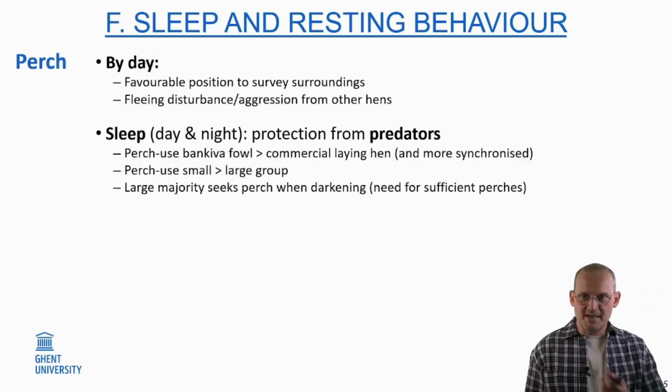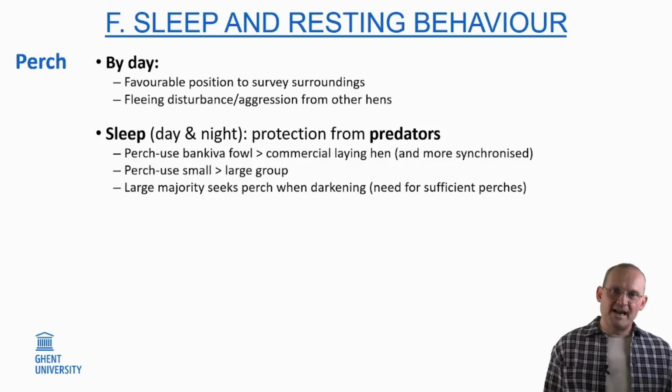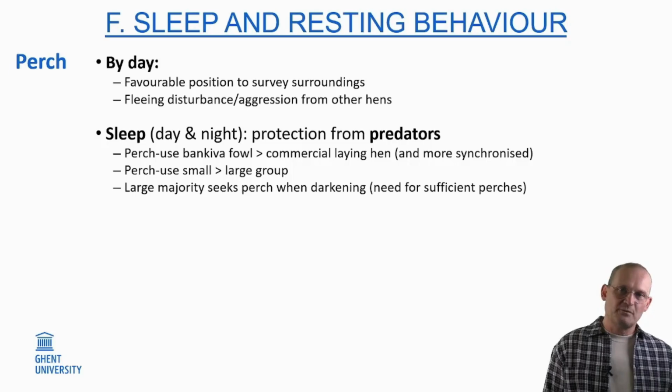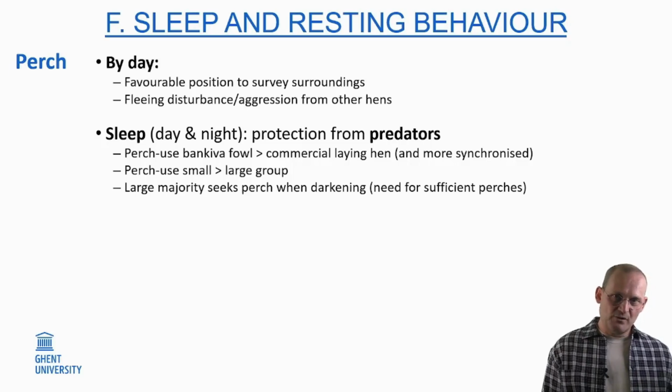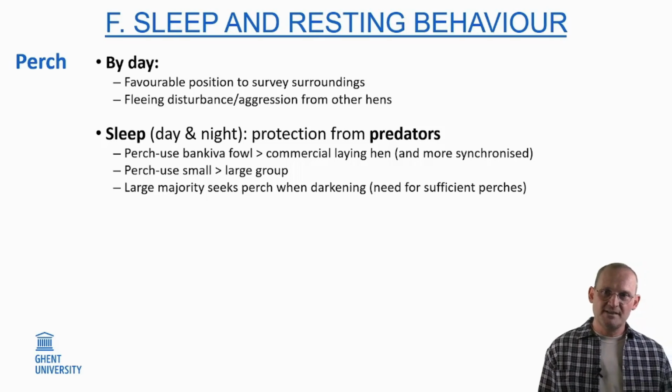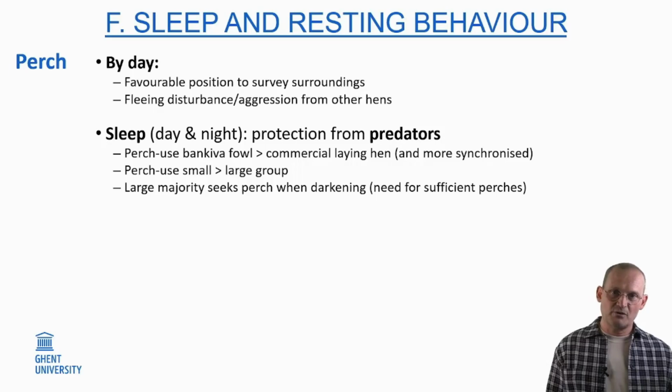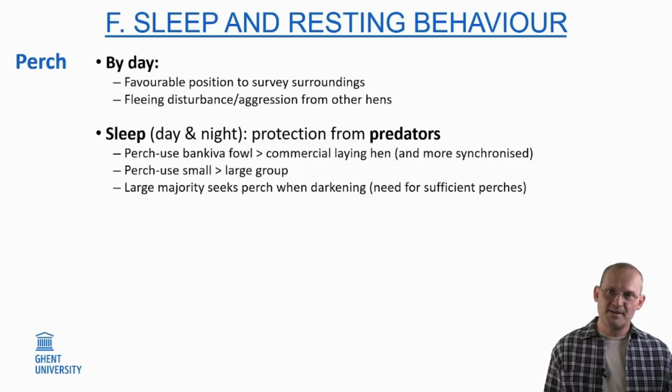So during daytime they perch, and that often gives them a favorable position to survey their surroundings, and that could also be a position from which they can be free from disturbance or aggression from other hens. But they use perches a lot for sleeping, both during the day and nighttime, because they feel safe from predators.